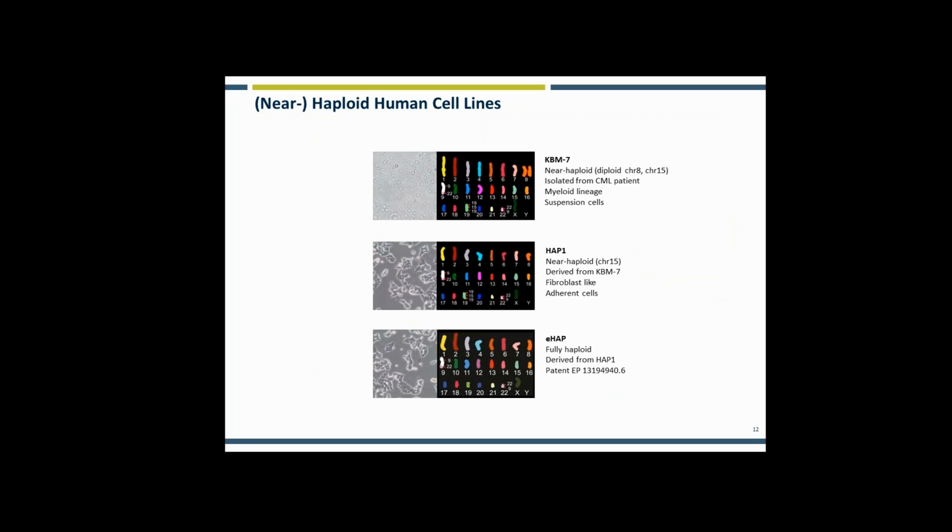And so to this end, Horizon have actually developed a panel of near haploid and haploid cells. So we began with the KBM7 cell line, but from this we derived our HAP1 cell line. And this again is a near haploid cell line. It contains that disomic portion of chromosome 15, but it's lost that second copy of chromosome 8.